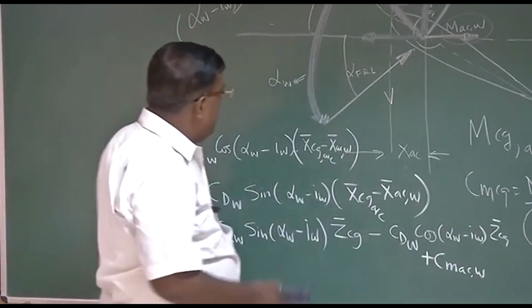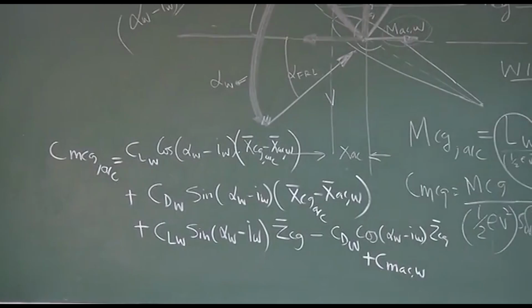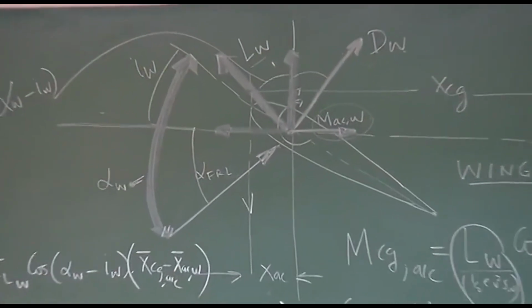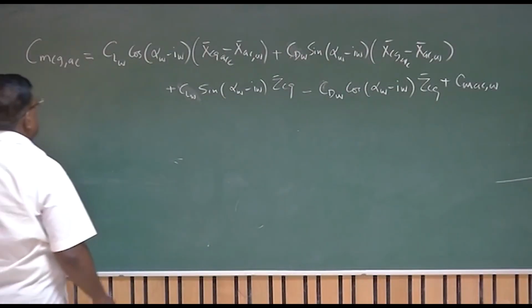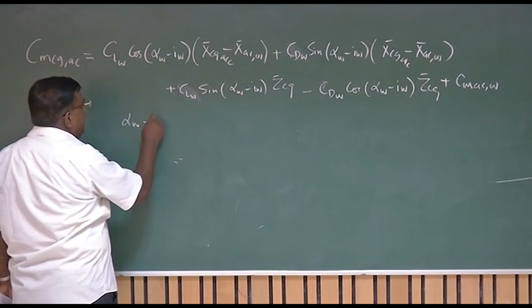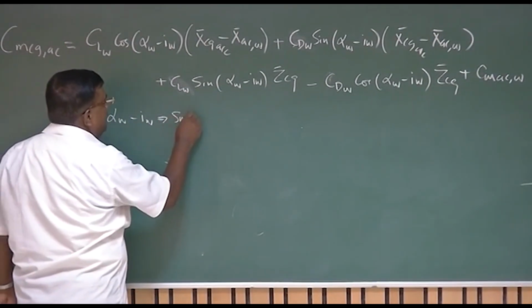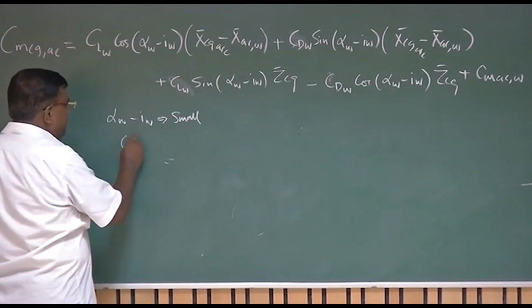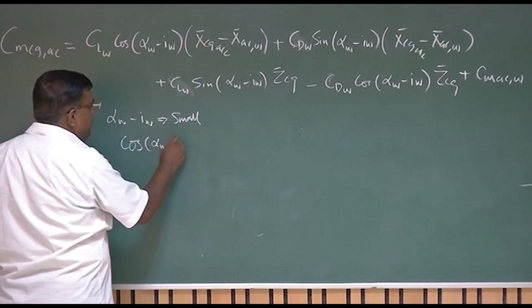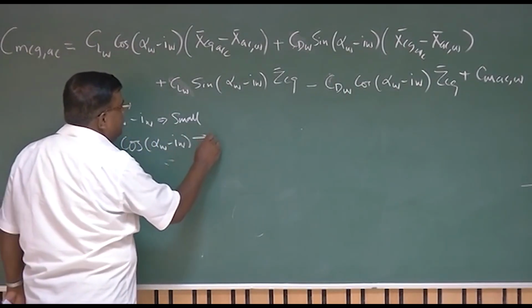So let me start writing this expression so that we can focus more on this. What will we say now? Let alpha W minus IW be very small, so cos of alpha W minus IW tends to 1.